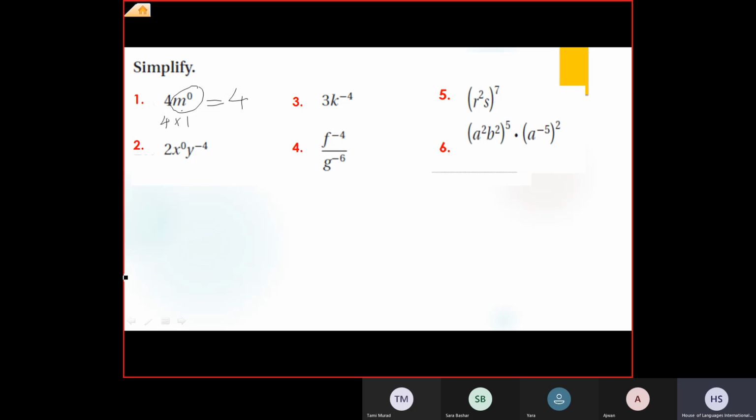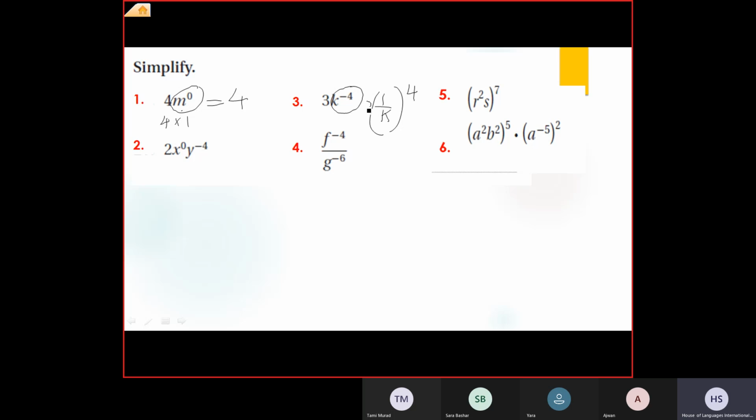We have 3k to the power negative 4. K to the power negative 4. So what do we have here? Negative exponent. Negative exponent means I need to write the reciprocal of k and the opposite of negative 4. Two things. What is the reciprocal of k? 1 over k. And then what is the opposite of negative 4? 4.